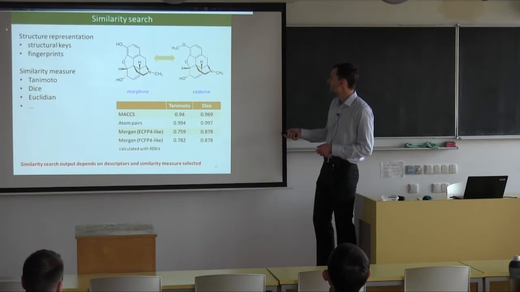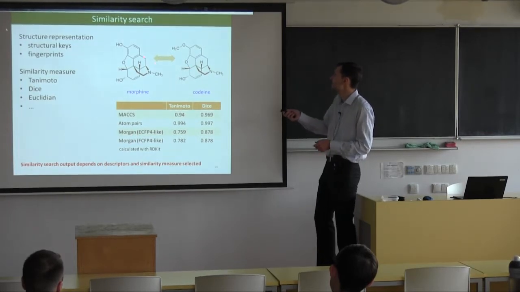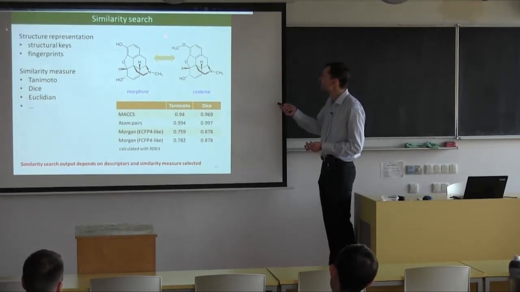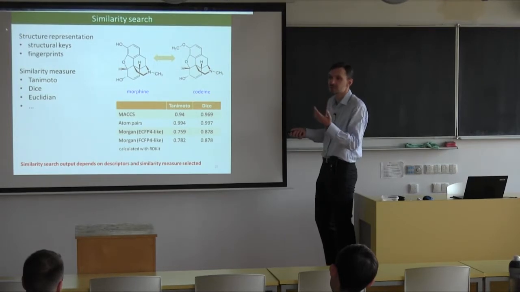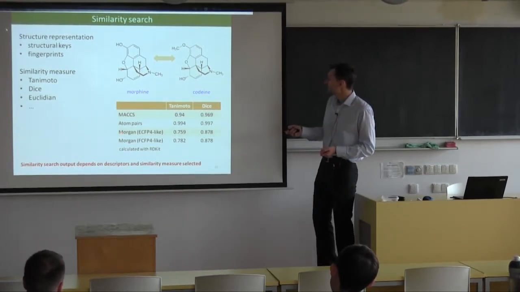Here I provide several examples of the Tanimoto measure and dice measure on different fingerprints for these two molecules, which look really similar. The difference is just one methyl group. It's almost nothing. But for some fingerprints, the similarity is not so high.